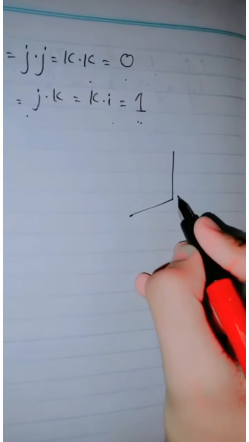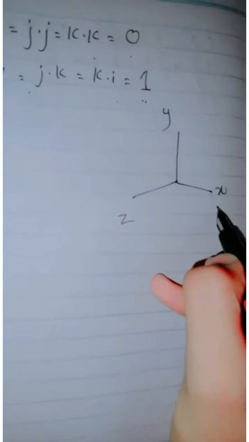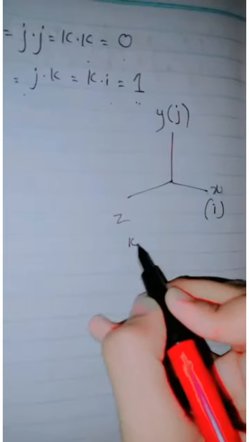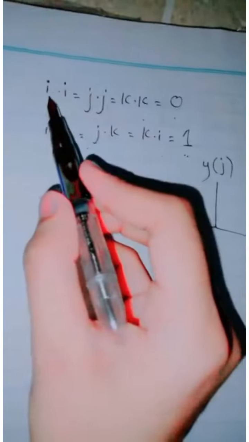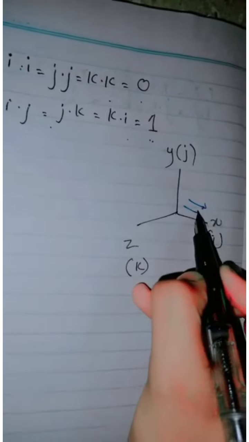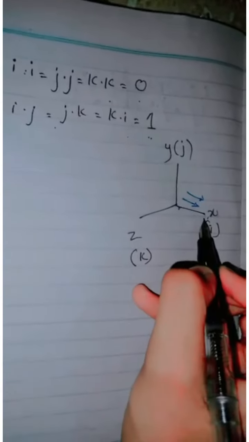Let's see how. Here are three dimensions, that is x-axis, y-axis, and z-axis. This is represented by i, j, and this is represented by k. When i into i, two vectors are moving into the same direction on x-axis, so the angle will be 0.